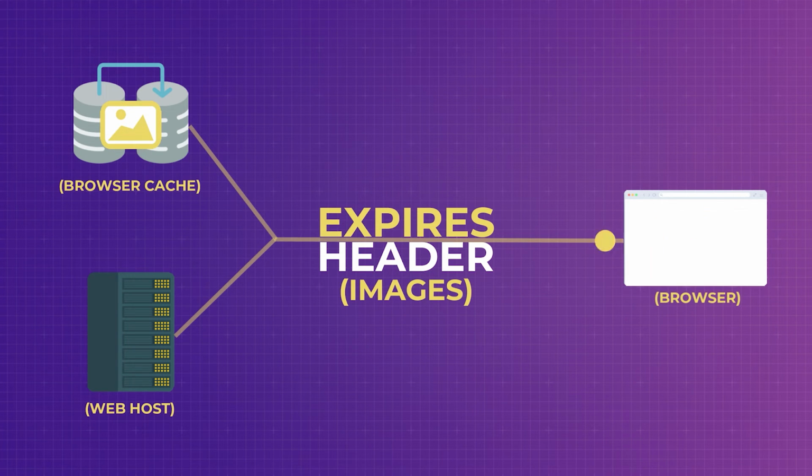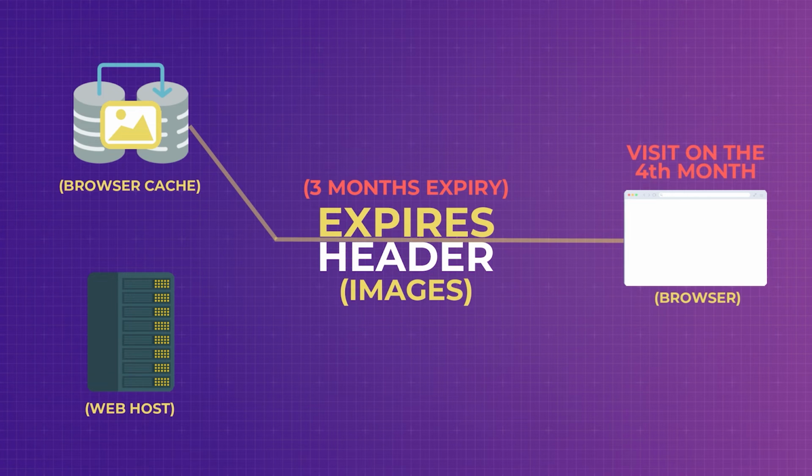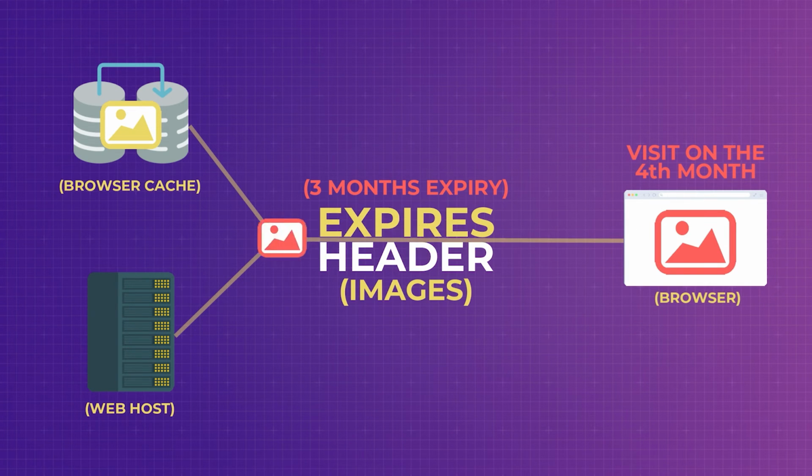And when that person visits your site again, those images will be displayed on the browser through the cache storage, and this speeds up the page load time because the browser does not need to connect with your server again. However, if the expires header has expired, it will instruct the browser to fetch the images again from the server and display them, after which the newly fetched images will be stored in the browser's cache for a set period of time again.